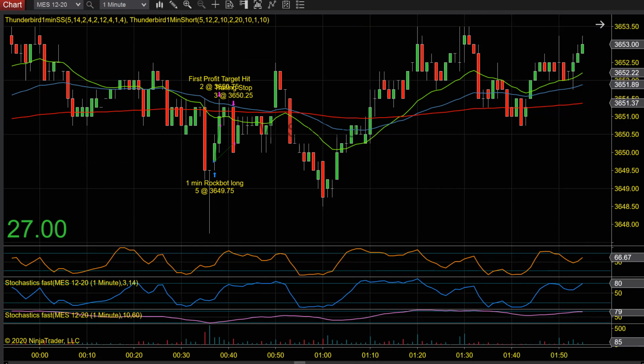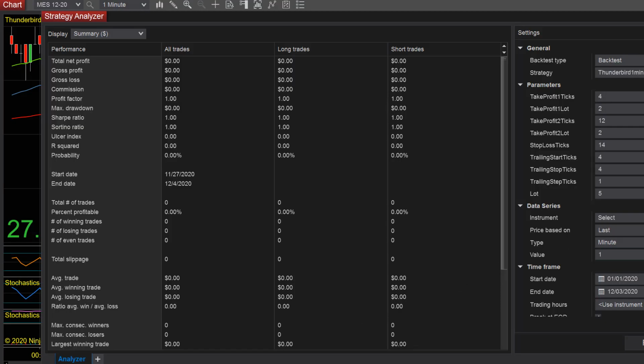Let's go to the scanner here. I want to just scan MES. I just want to make sure that the script came out the same that I had.